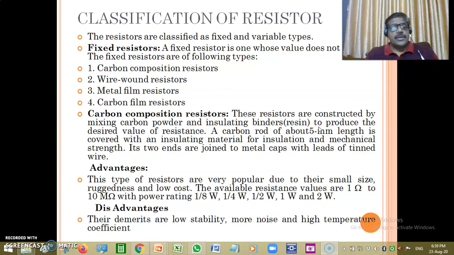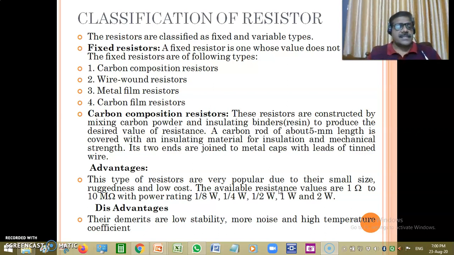Its two ends are joined to metal caps with leads of tinned wire.